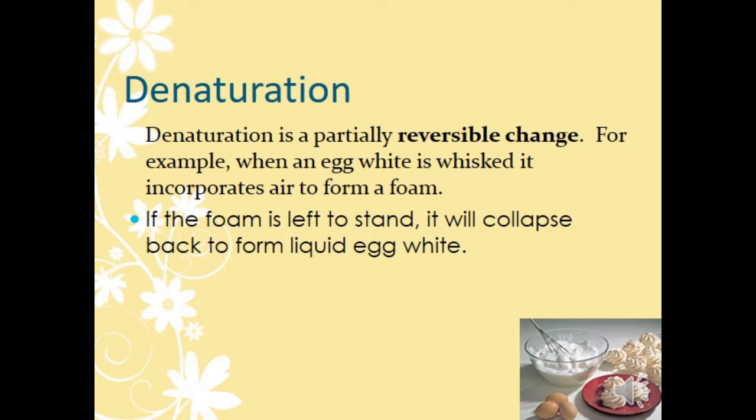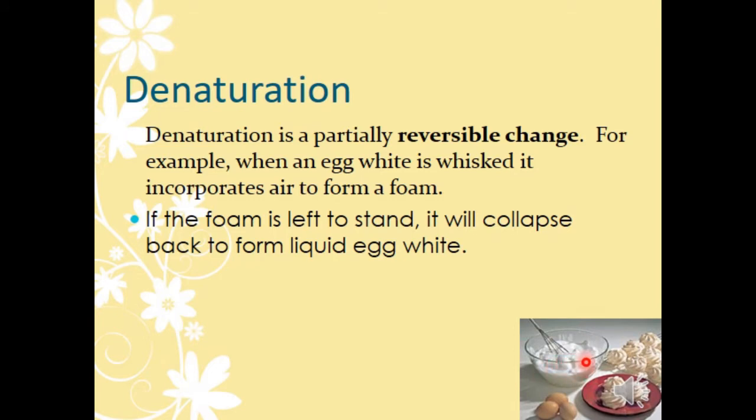Now denaturation can become partially reversible, for example, when it undergoes mechanical action. The figure here shows when an egg is whipped. Whip or whisk, so it will form foam, due to incorporation of air during the whisking.